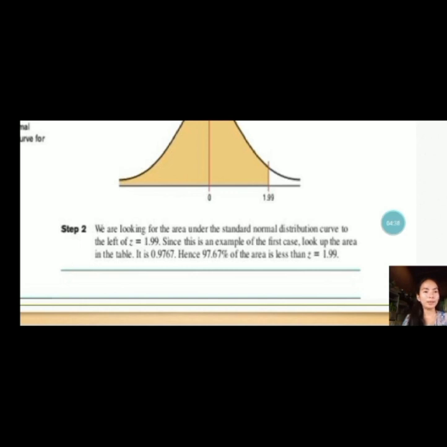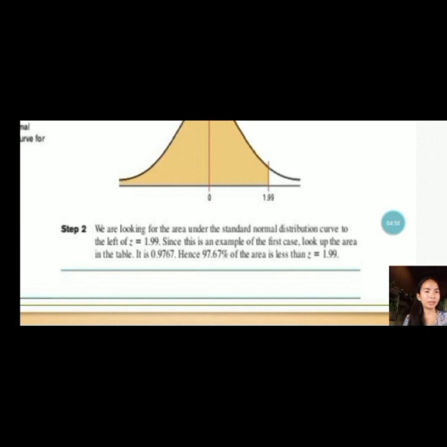Since this is the first case, look up the area in the table. It is 0.9767 or 97.67% ang area sa 1.99.